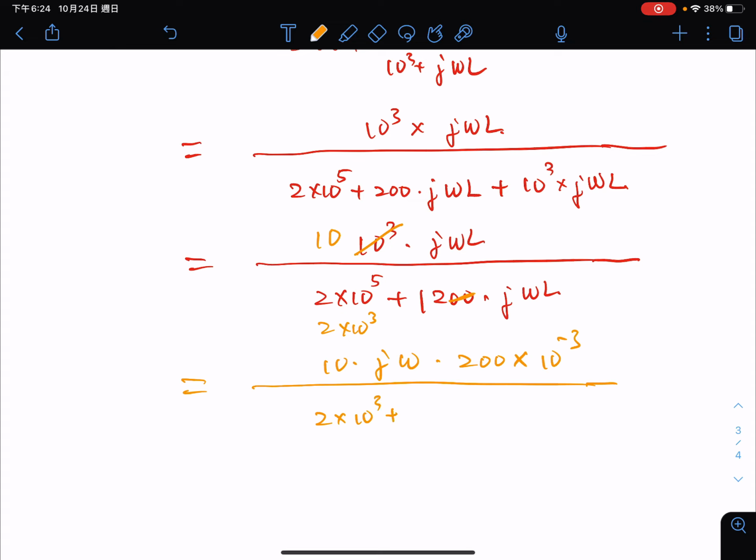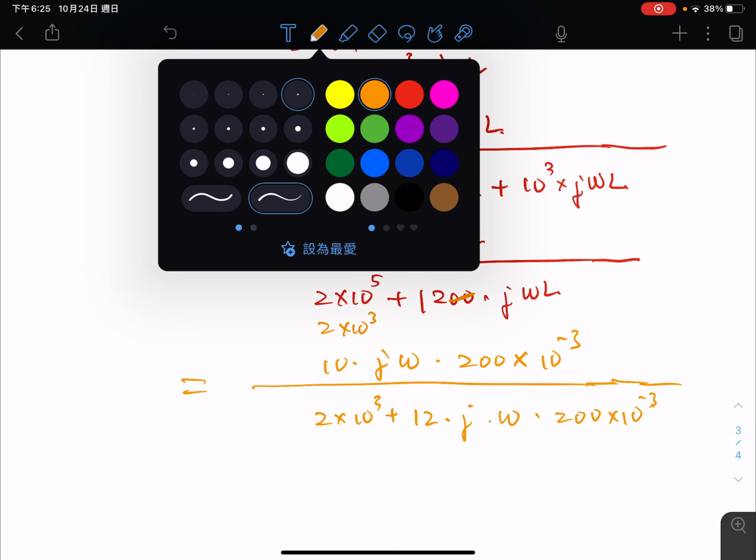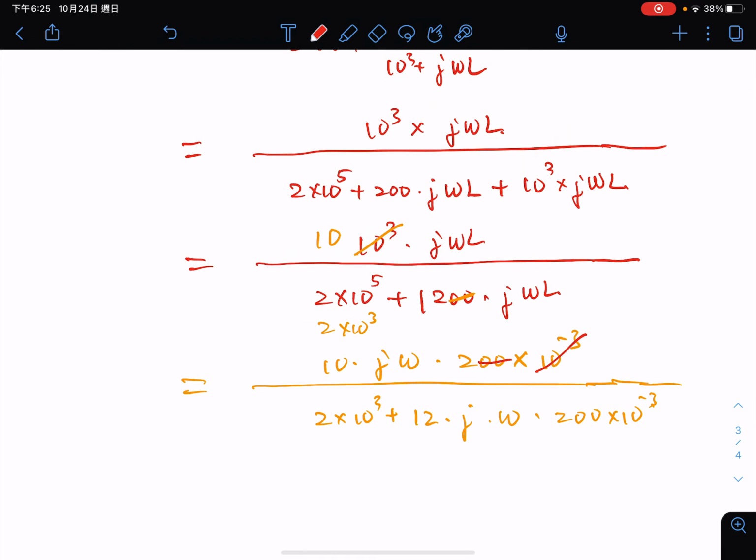Again, we can do some tricks here where this one will be taken away, right?